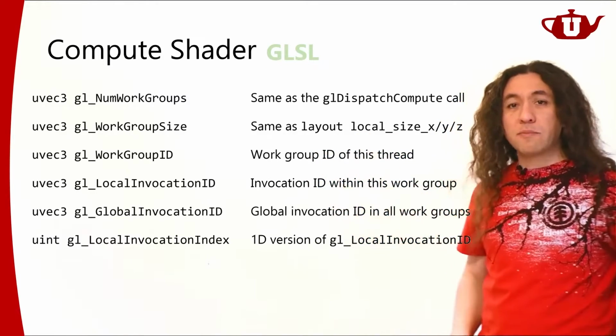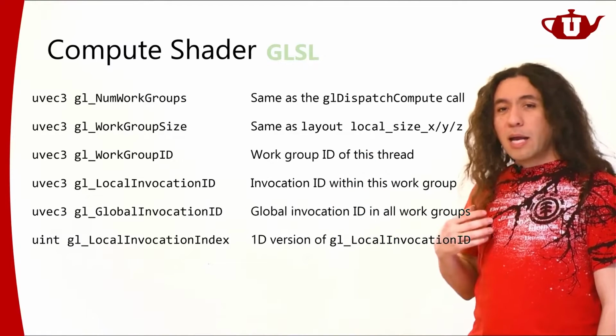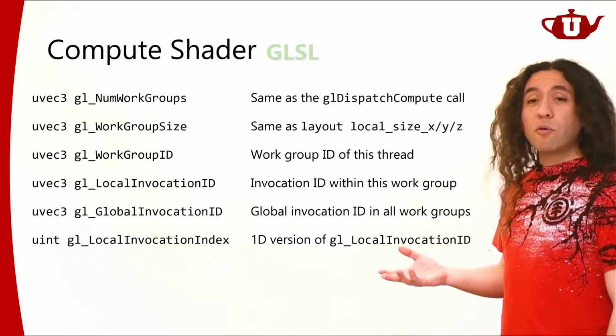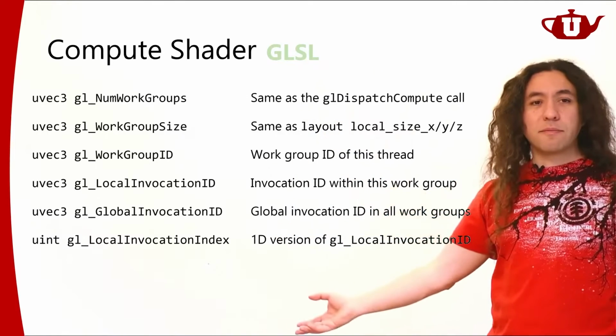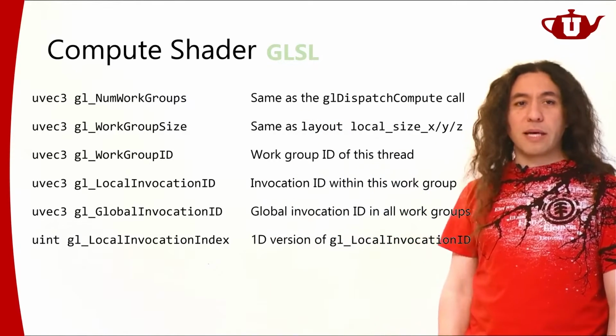You're going to get a lot more performance out of your compute shader that way. So it makes sense to keep things as organized as possible, but there's no limit really. In every execution of your compute shader, you have access to all of your data.